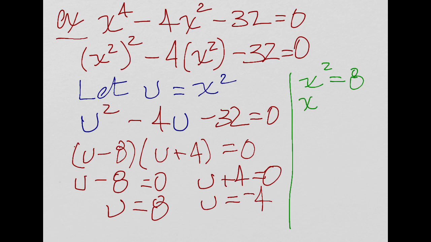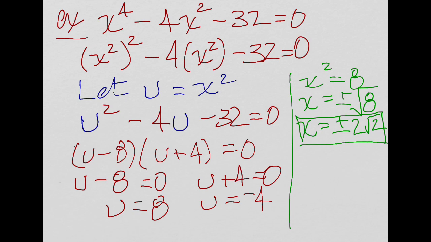I'll get x equals plus and minus, when I put in a square root that wasn't there before. The square root of 8, if we can simplify, we should. The square root of 8 is 2 times the square root of 2. And that's 2 solutions to my original equation. 2 values of x that make that equation true, plus 2 root 2 and minus 2 root 2.